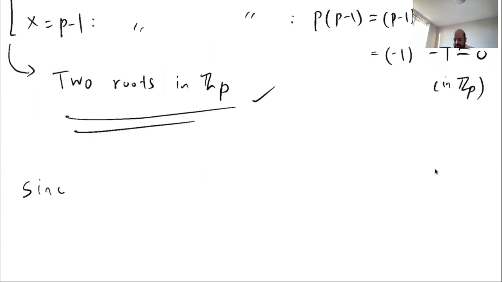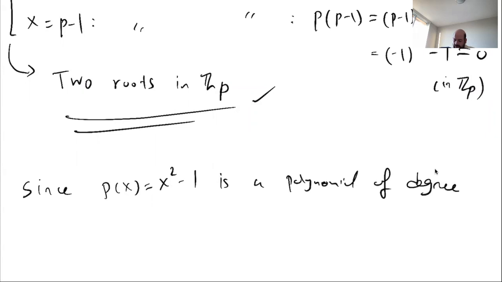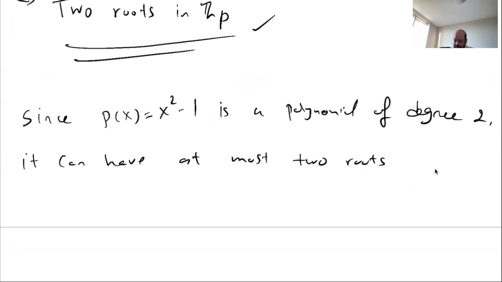So since P of X equals X squared minus 1 is a polynomial of degree 2, it can have at most 2 roots in ZP.